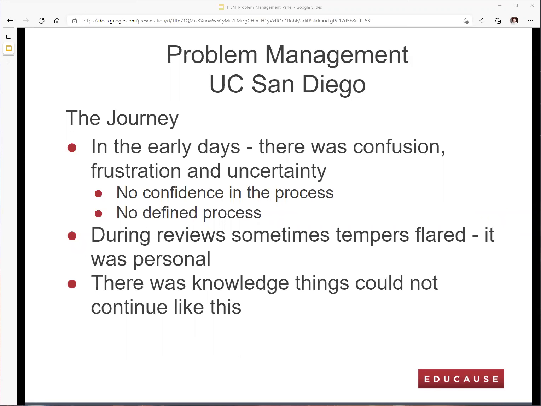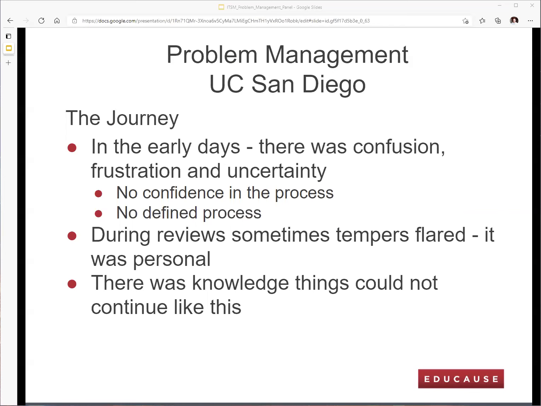And tempers flaring up in meetings that try to deal with root cause or try to dig into the details of what happened. These are all motivations. These are things that drive to the next level. And we had all these.